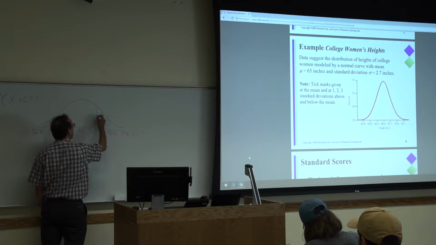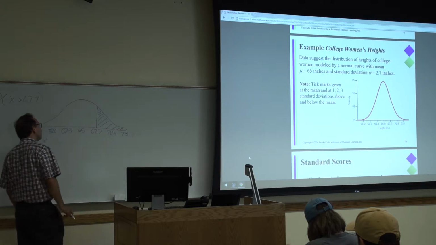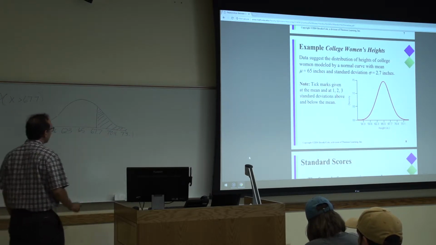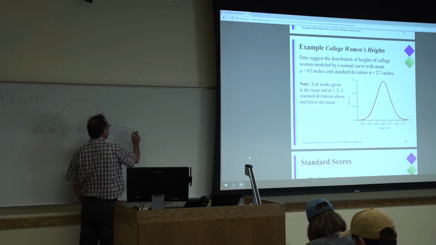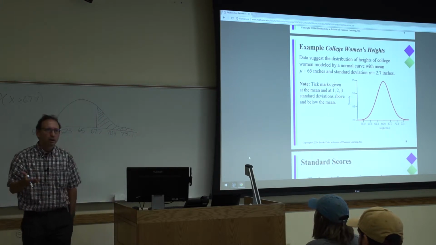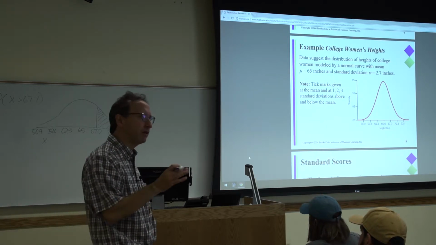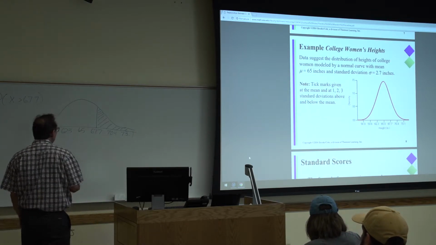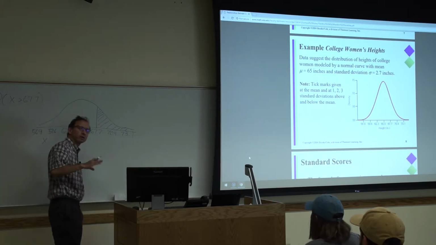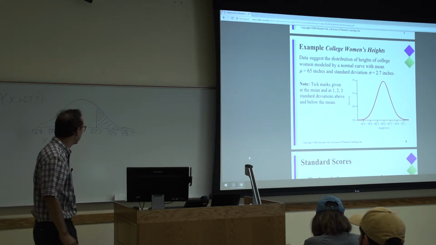If you've had calculus before, you might consider using the function that defines this curve and integration techniques, but the standard integration techniques aren't going to work for the function that defines the normal curve. You'd have to use numerical integration techniques.